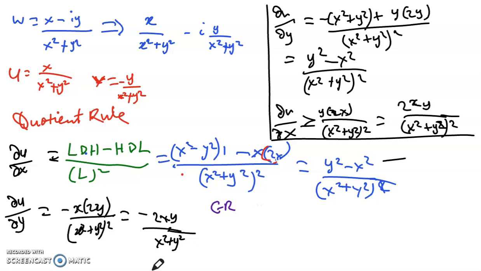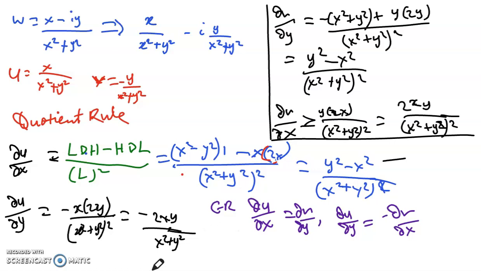According to the Cauchy-Riemann equations, we know that partial u partial x must be equal to partial v partial y, and we also know that partial u partial y must be equal to negative partial v partial x. We want to be sure that indeed these have satisfied the Cauchy-Riemann equations.